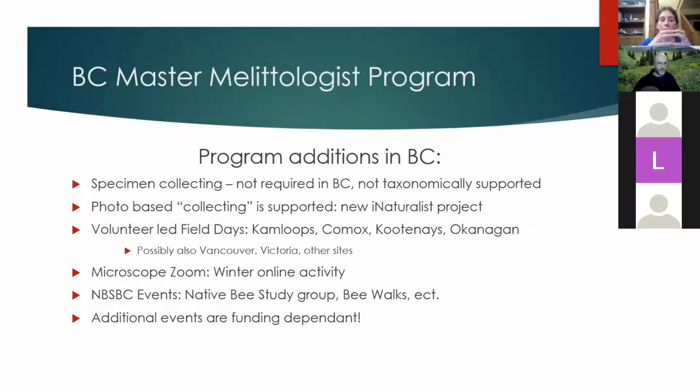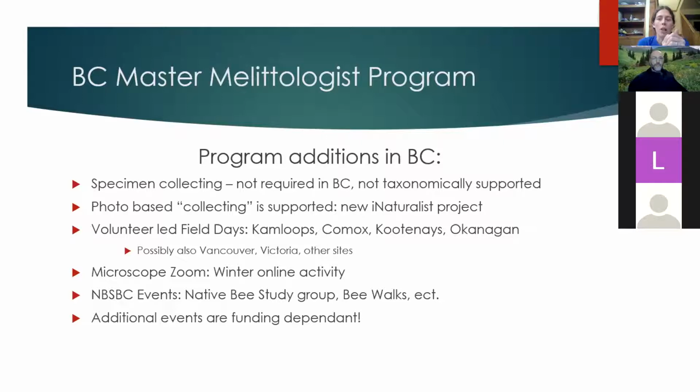The idea behind that project is that we want to do something similar to what Oregon is doing, where they link the flower that you're photographing with the bees that you're collecting. Getting those floral records is super important and tells us a lot about what kind of flowers bees use. So you will both document the flower and document the bees that are using it, and we'll have a code that allows you to link those together.